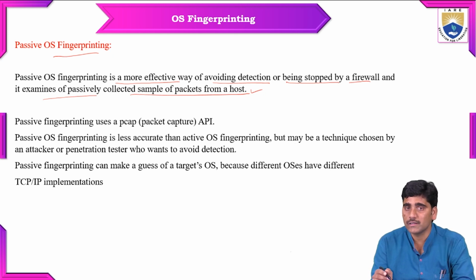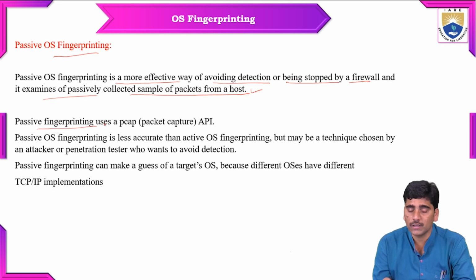So it doesn't directly involve identifying what type of operating system. It uses third party or other effective ways of avoiding detection or being stopped by a firewall. So they use different ways to identify what type of operating system is used by the remote location.